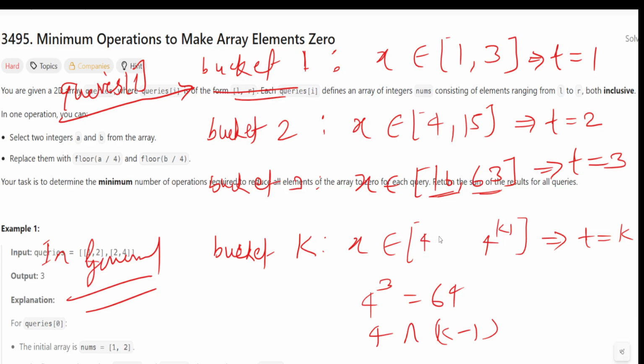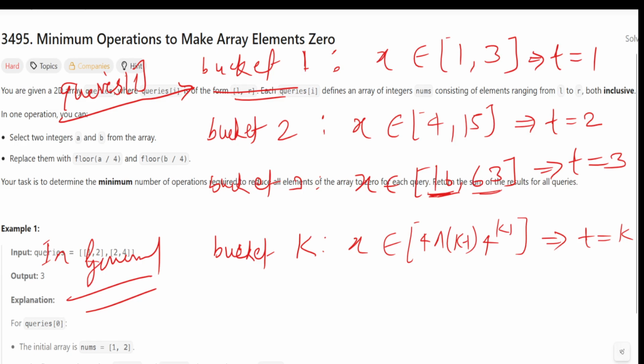That is why we are seeing 16 here. If you take 4 and shift it by k minus 1, which is 3 minus 1 equals 2, we get 16. So we have to apply it like this. I hope you understand.